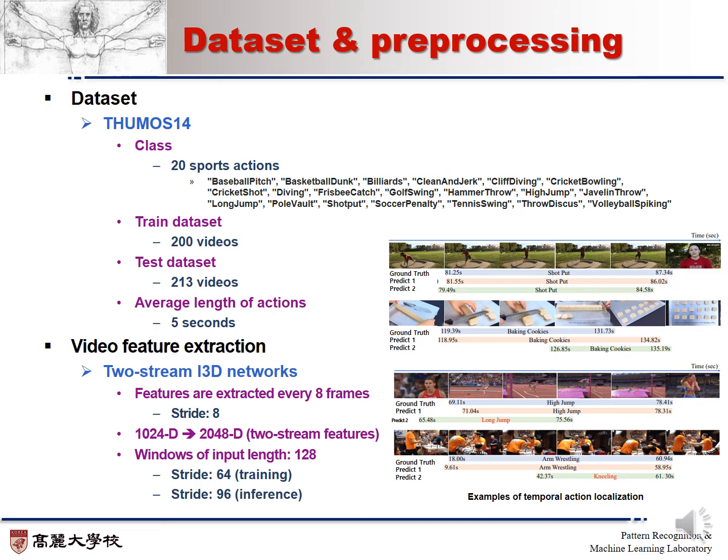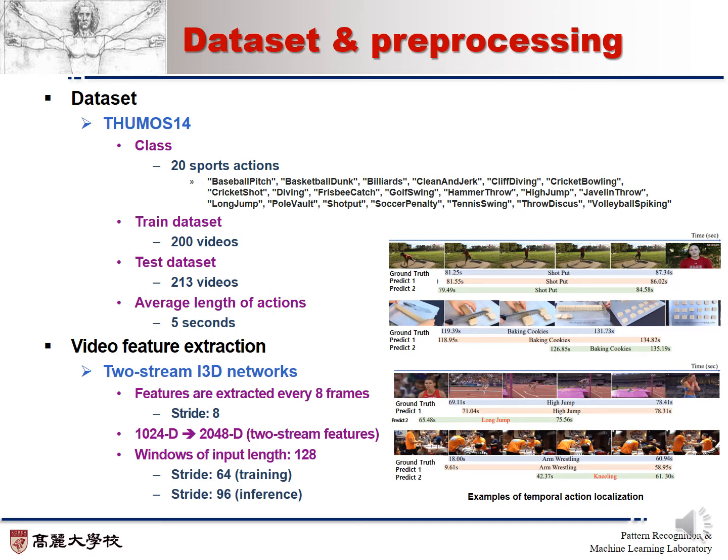Then each of the RGB and optical flow features is extracted and merged, with 1024 dimensions each. So in the end, a vector of 2048 dimensions is created. And the extracted video features are used as model input.